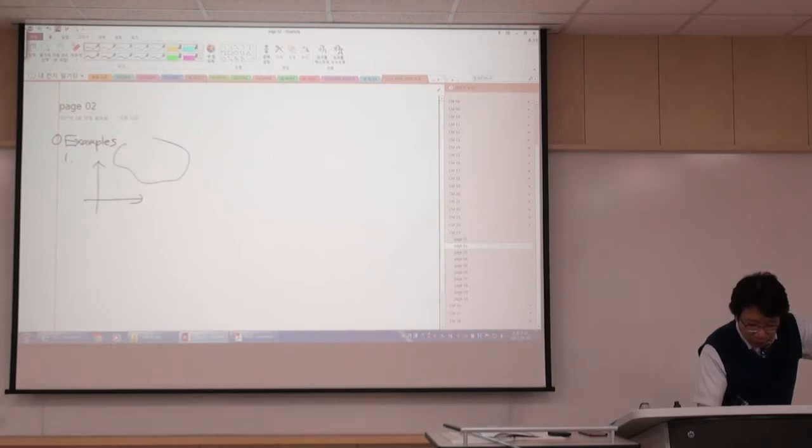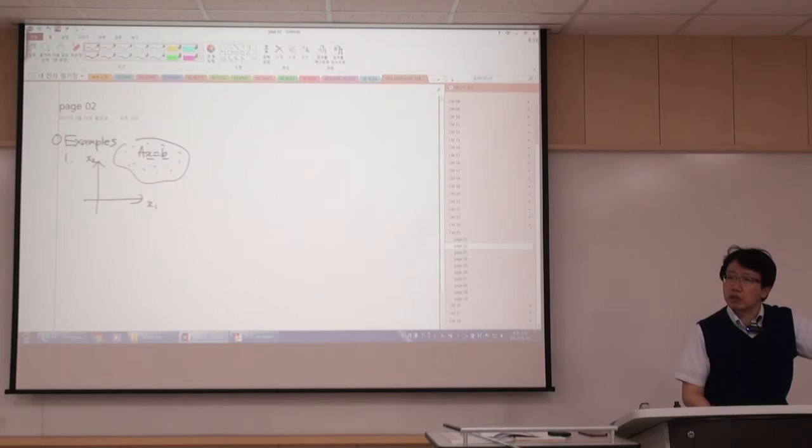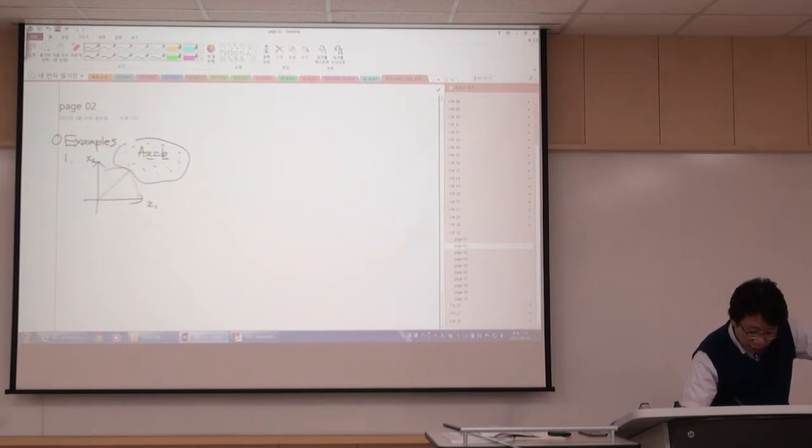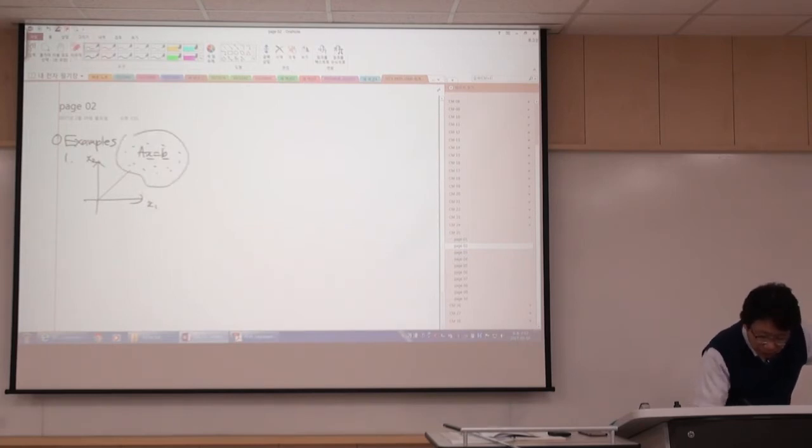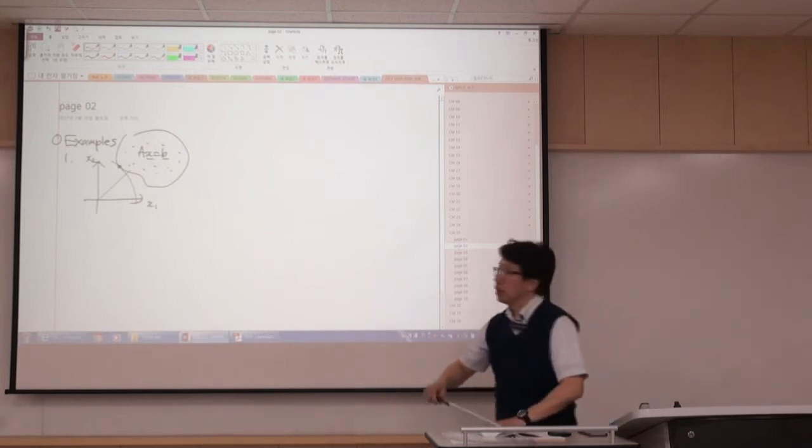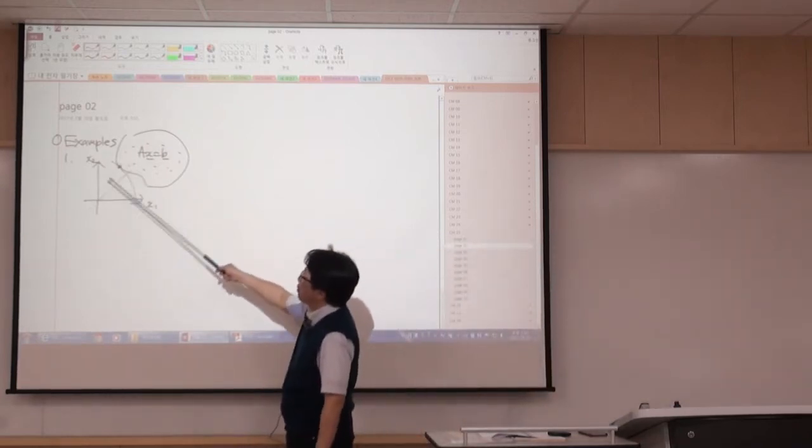you have some constraint set. Let's say this is AX equals B, and among these feasible points, you want to find that point that has the minimum distance to the origin.